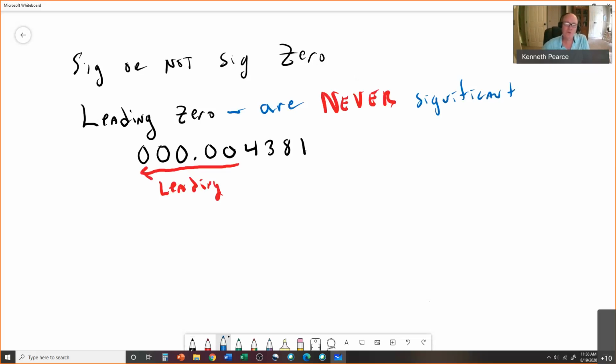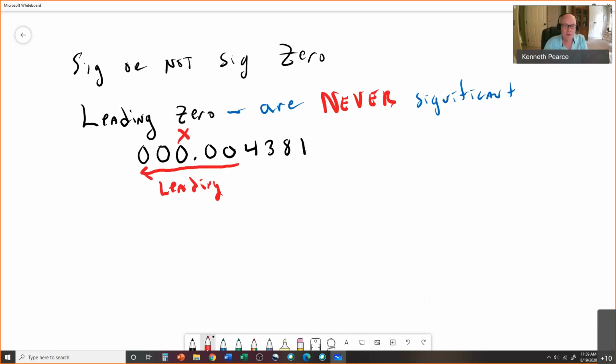Leading zeros are never, ever, ever significant. And it doesn't matter if there's a decimal in there. It doesn't matter if there's no decimal. But if it's all zeros leading out to the left, just the zeros, then they're never significant. So we know that these zeros over here are not significant.